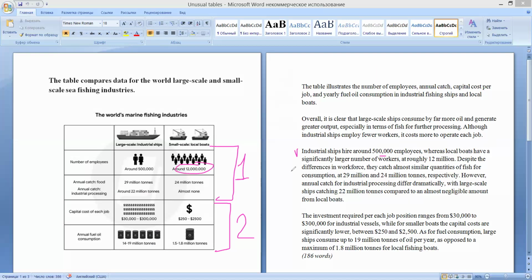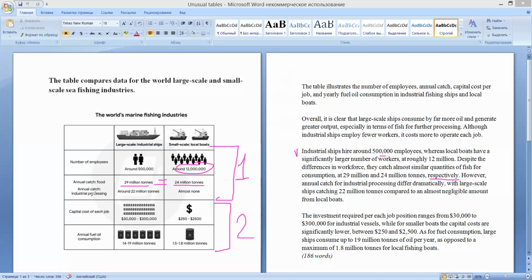Despite these huge differences in workforce, they catch almost similar quantities of fish for consumption. I see that they're similar, 24 million, 29 million tons, quite close, right? At 29 million and 24 million tons respectively. If you give two figures, you should use respectively.